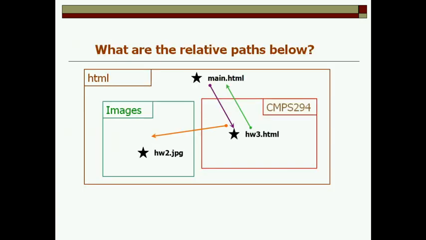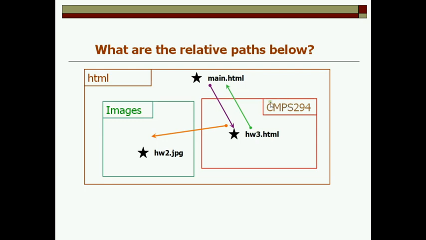To see this visually, let's assume that this big box here indicates a folder or directory on the machine that is hosting this HTML web page that is currently loaded onto the browser, and that inside this directory or folder there are two other directories, one that is called images and another one that is designated as CMPS294.